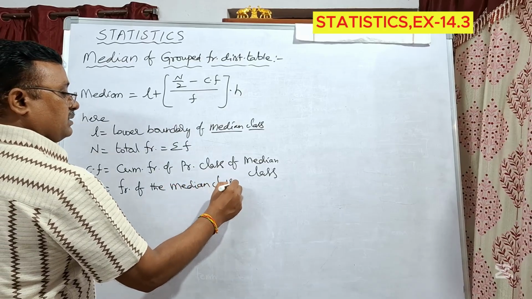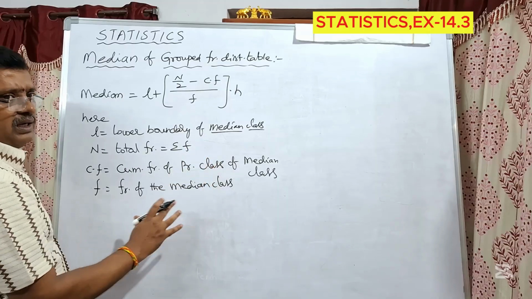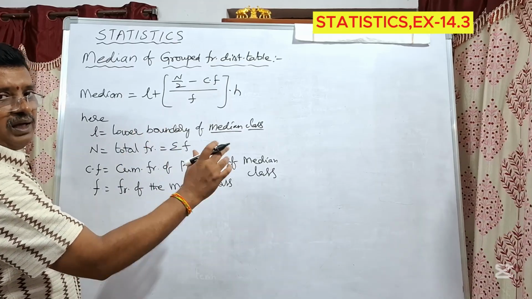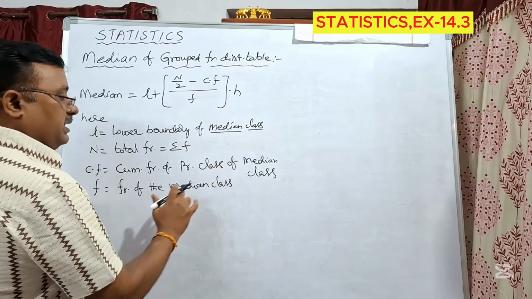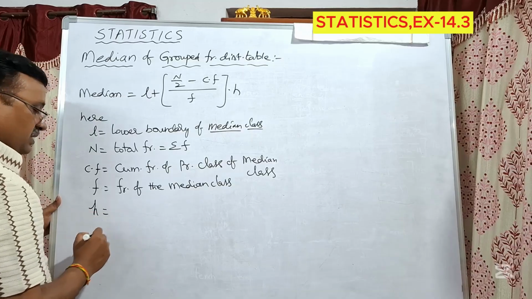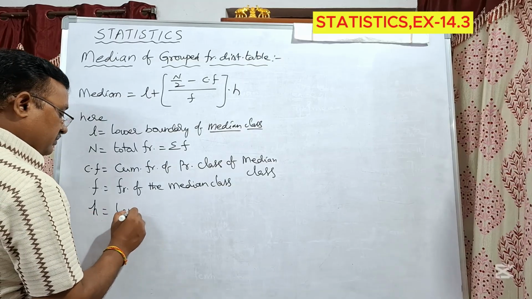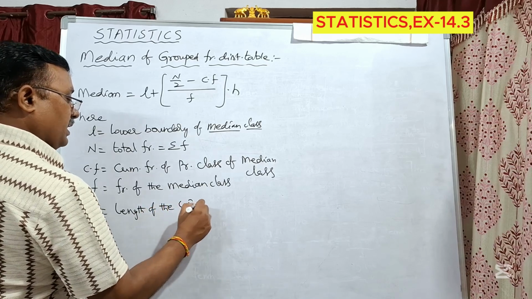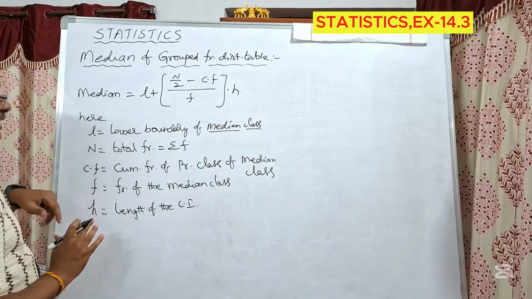So all values depend upon choosing the median class correctly. Based upon that median class only, all the values are coming. And lastly, we have H. H means length of the class interval.